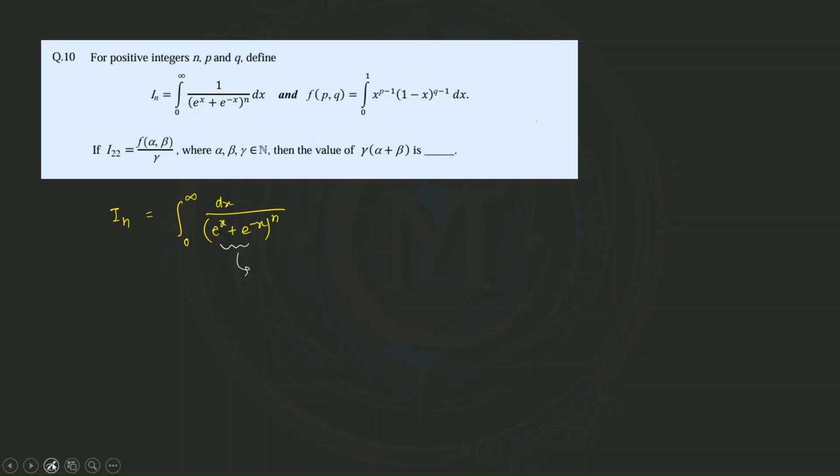So now let us try some trigonometric substitution. What will be that trigonometric substitution? That is the main question. We can see here x is varying from 0 to infinity. So what trigonometric function is there whose range is all over the real line? The most obvious function that comes to mind is the tangent function, tan theta.